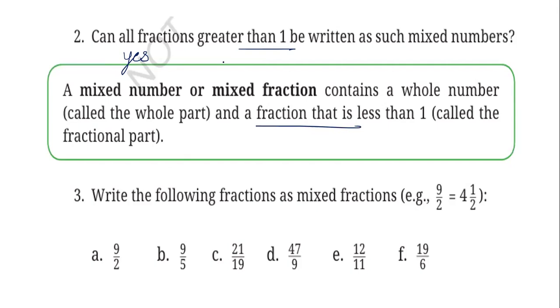For example, see here, 2 can be written as 2 whole number plus 0 by 2. This becomes 0. We get the answer as 2, like this.